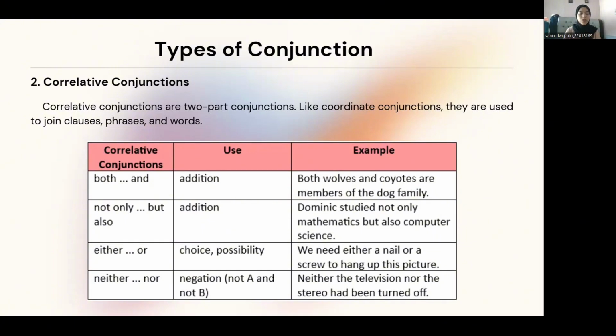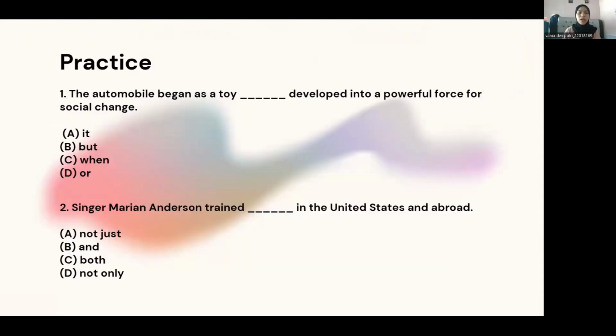Either A or B is used for choice or possibility. Example: we need either a nail or a screw to hang up this picture. Neither A nor B is used for negation, not A and not B. So, example: neither the television nor the stereo has been. Okay, that's all the explanation about the material missing conjunction.